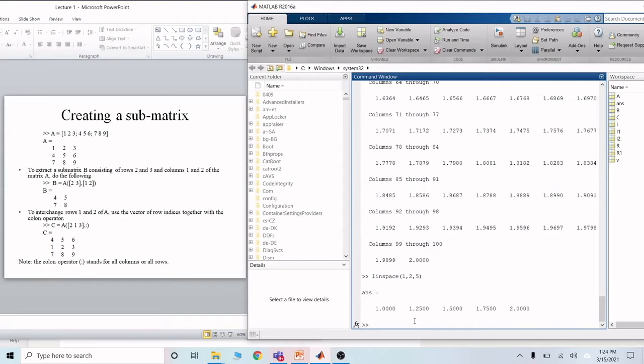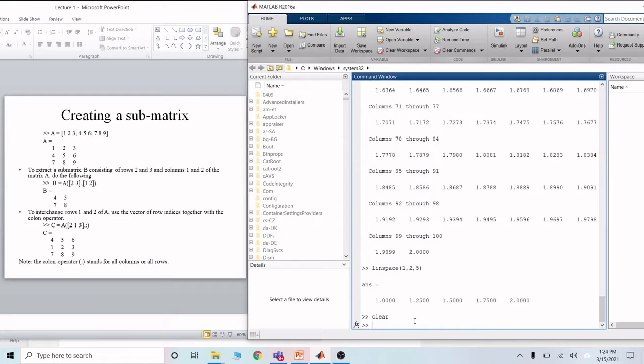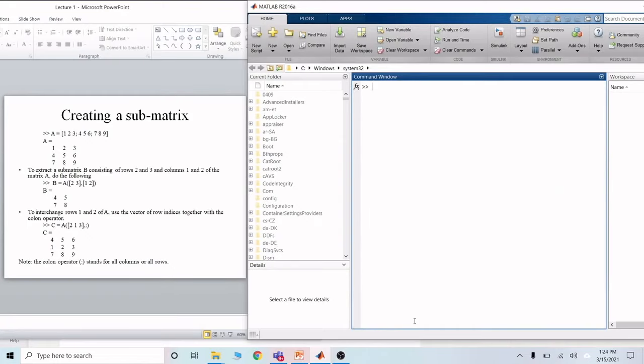Okay, let's start. clear for clearing the workspace. clc, clear command window. Okay, start with A is equal to [1 2 3; 4 5 6; 7 8 9]. Okay, it's 1 2 3 4 5 6 7 8 9.